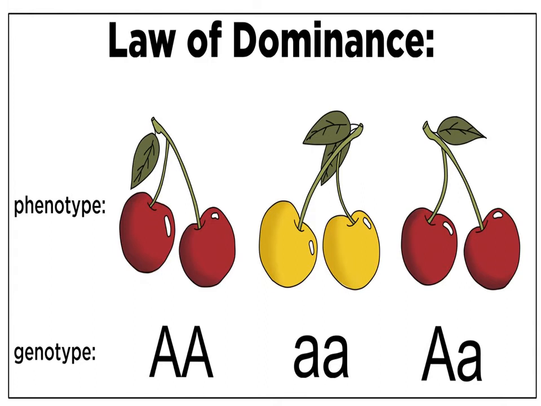So as you can observe, since the capital A is dominant, which is represented with the phenotype red, when a recessive trait is mixed with the dominant trait, the dominant trait will be expressed in the phenotype.